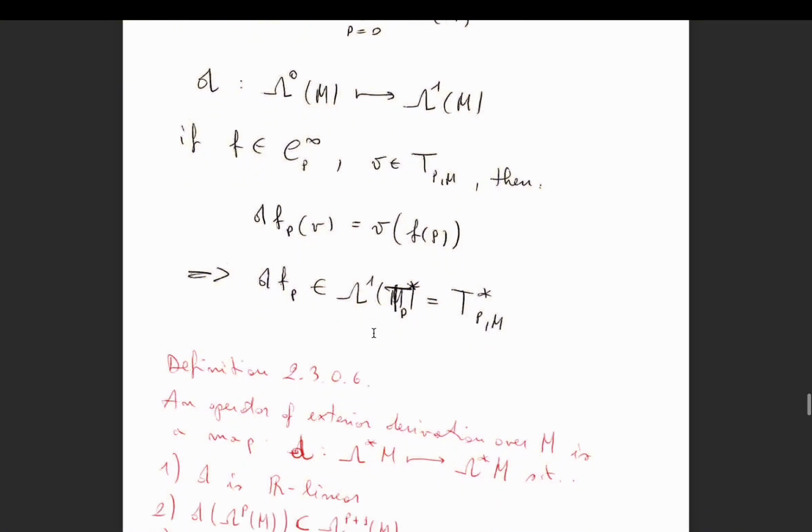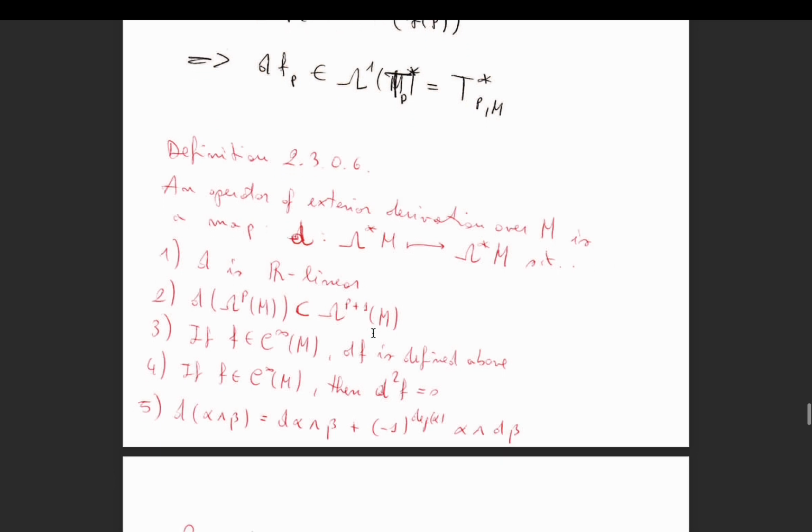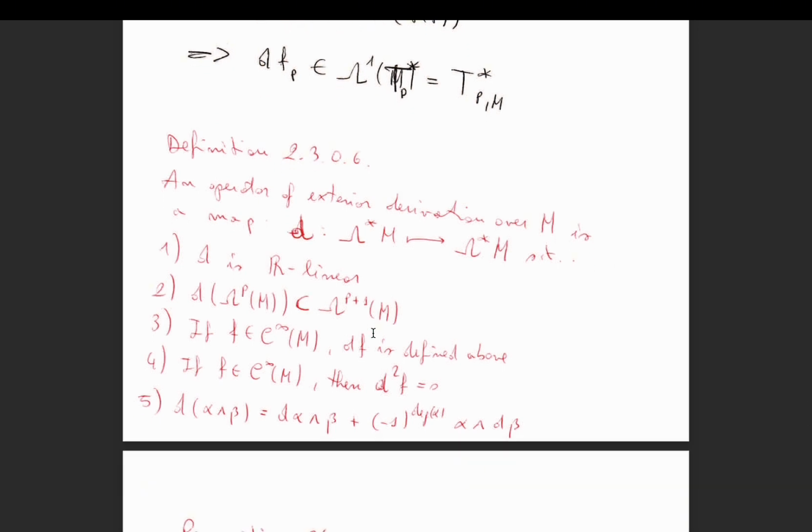Now we want to extend the exterior derivation to the whole lambda star M. How can we do this?